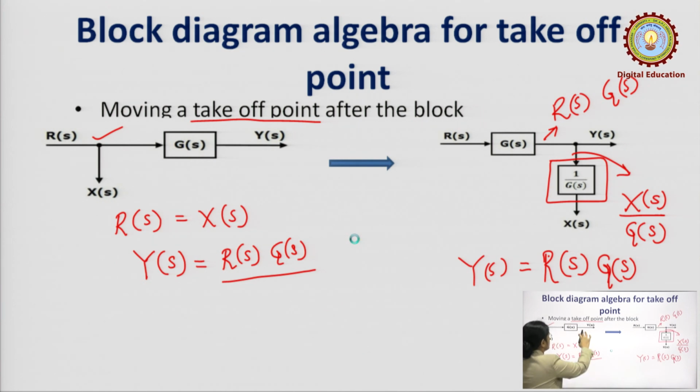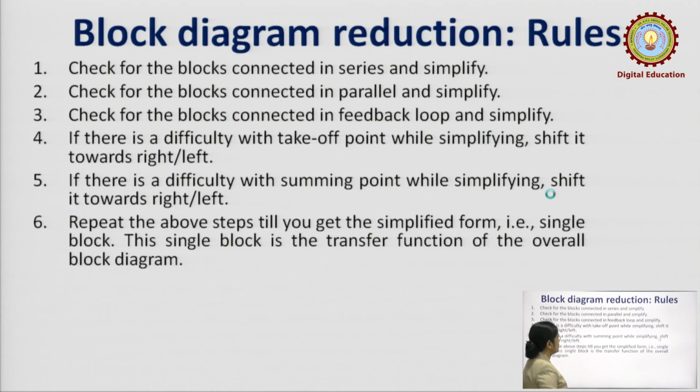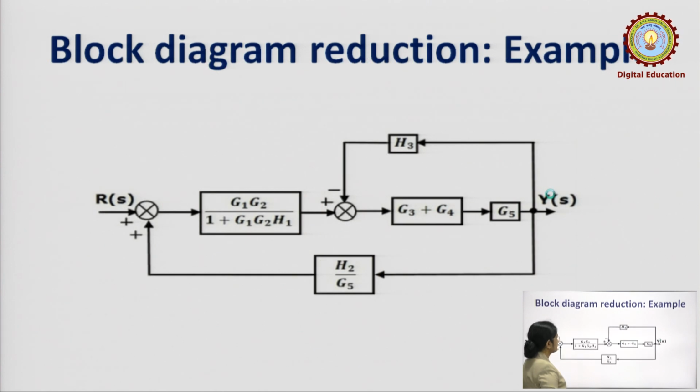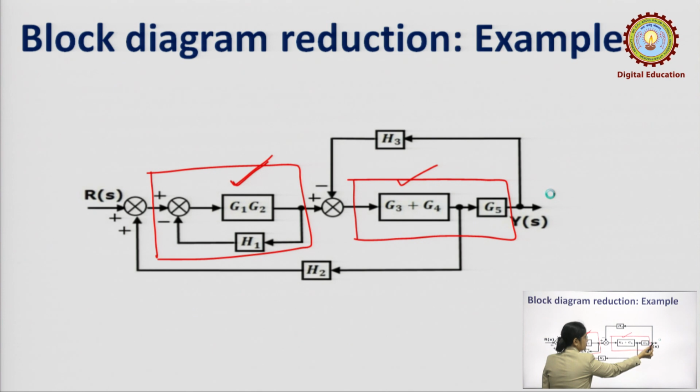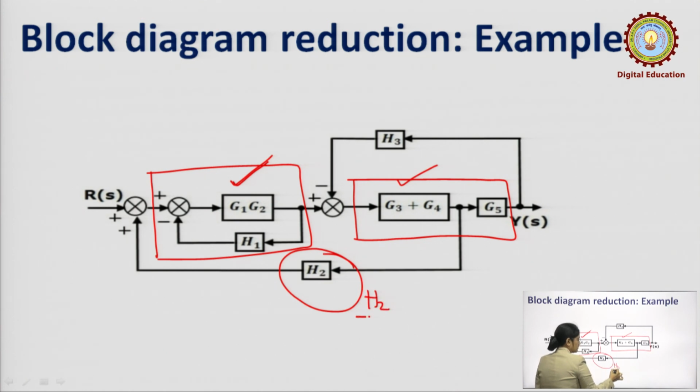To shift a takeoff point after a block, the value of the block which is connected here will be 1 divided by G of S. So, here we can see this takeoff point moved that side. This block will have another block, that is H2 divided by G5.